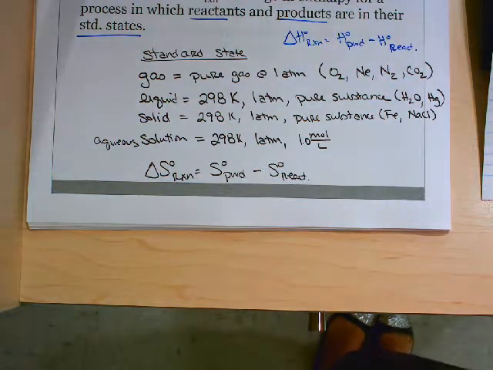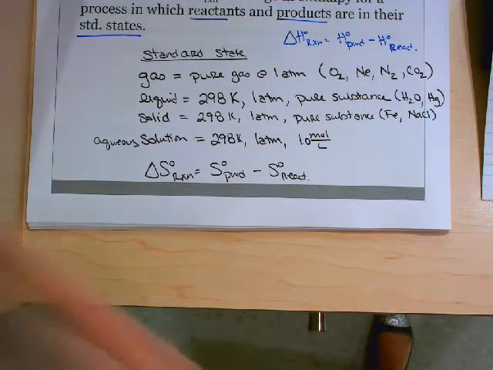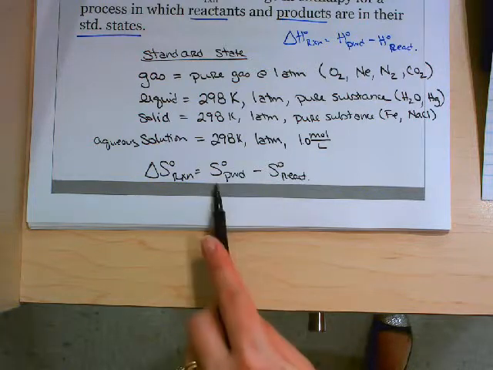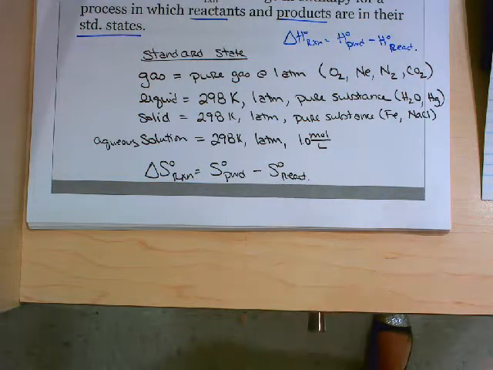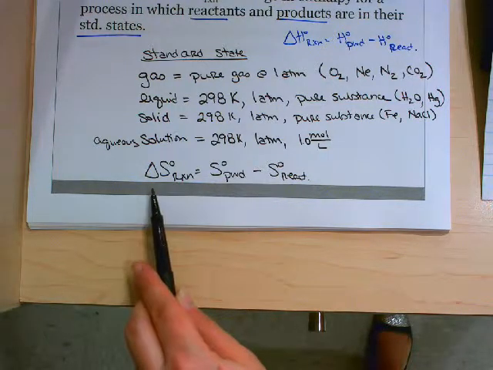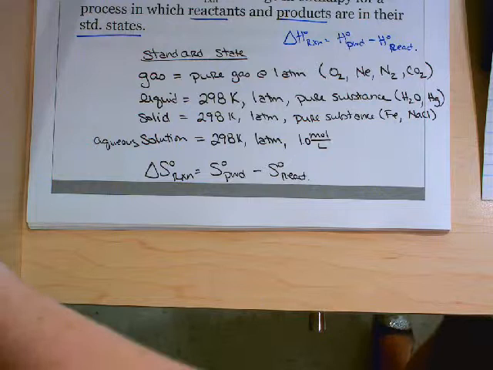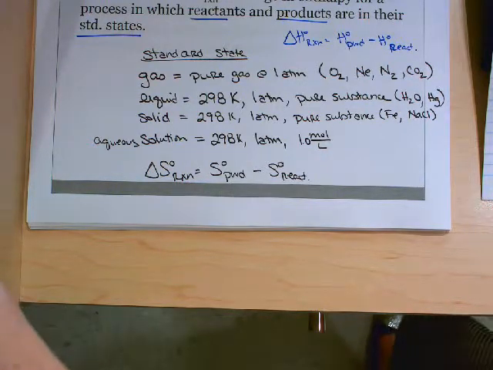And so, because we can calculate S of products and reactants only at their standard state. If they're not standard state, then you don't know this value, so then you can't find delta S, and then catastrophe. So it's all downhill from there. So those are experimentally determined, and so I was just giving you those.